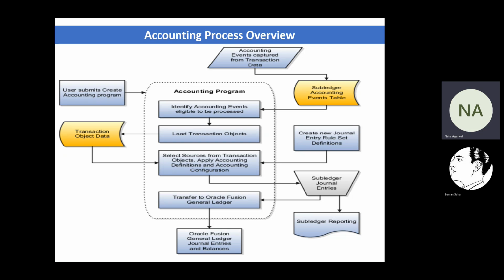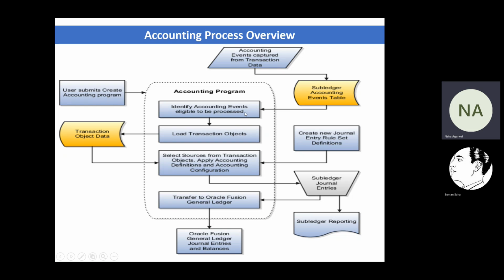If you see in the figure illustrated, you will see the accounting process overview. The user submits the create accounting program, and these accounting events are captured from transaction data and the subledger accounting event details. This whole process is run when we run the create accounting program or the import transaction.